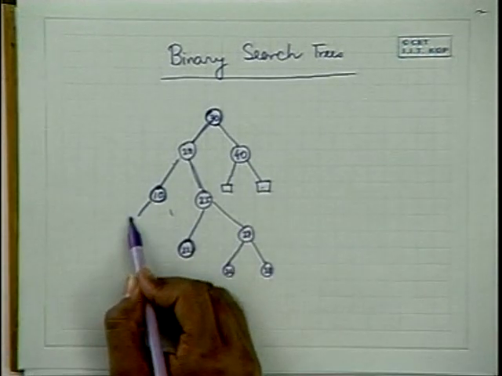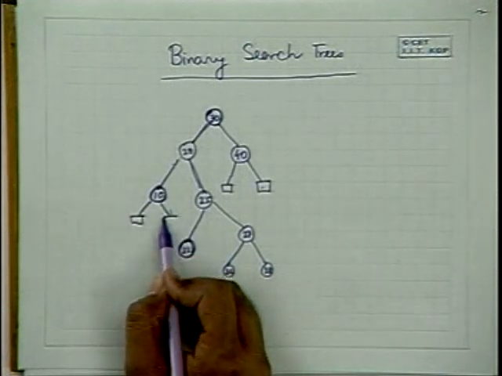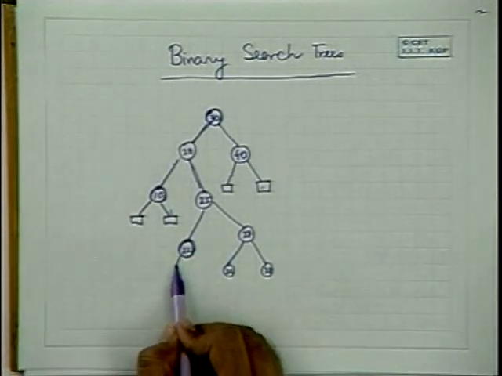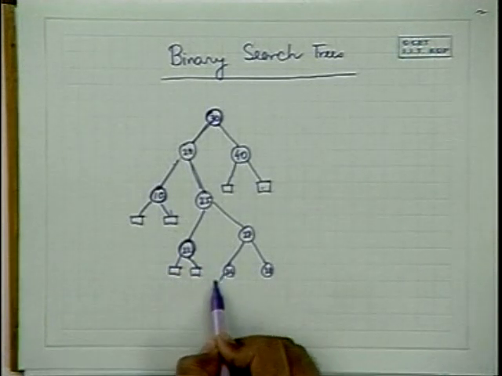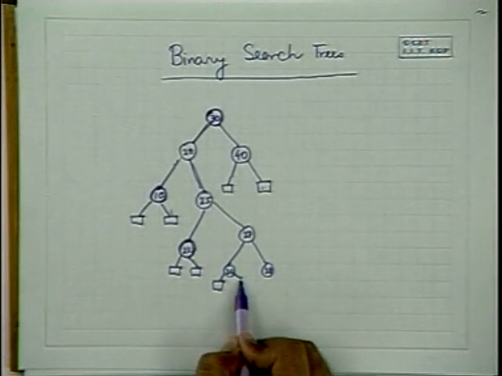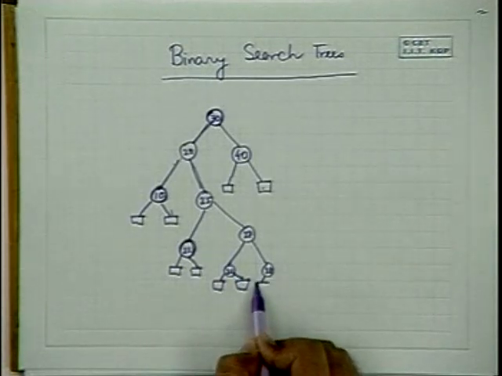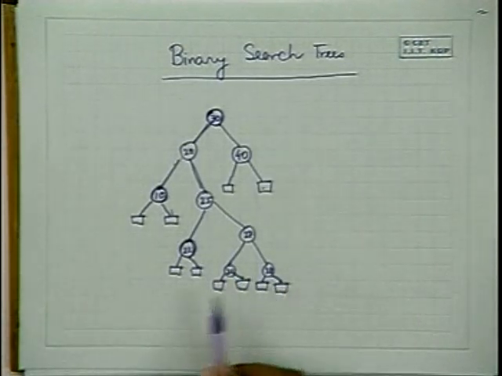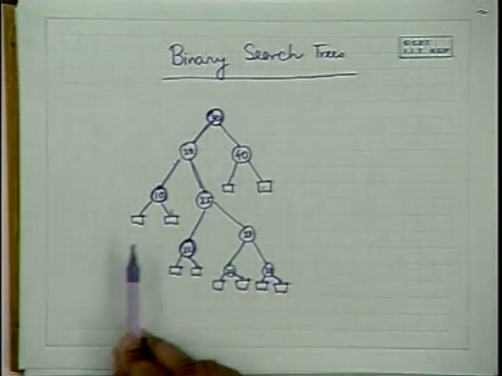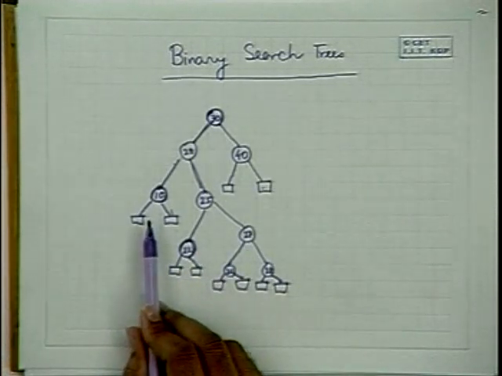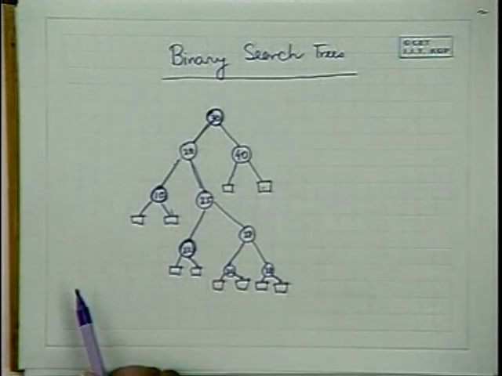This one also has two empty pointers, this one has two empty pointers, this one has two empty pointers, and in this case there is actually no node with one child. In that case it would have only one empty pointer.